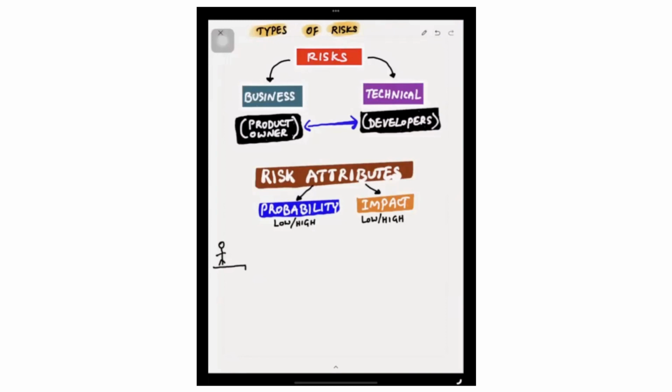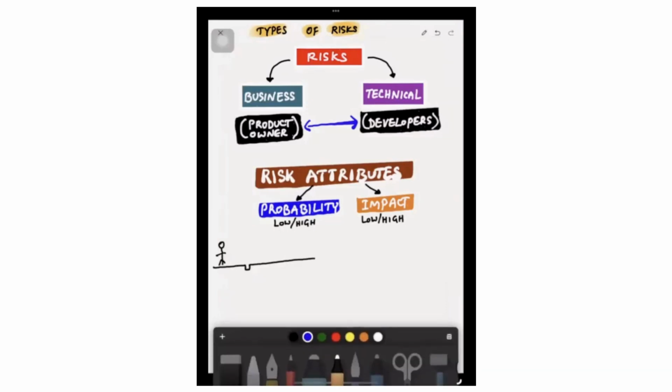There is a small hole on the road. The hole depth is like less than a feet, like maybe 6 to 8 inches. Width also not so much. So for you to fall into the hole, low probability, and even for some reason if you fell into that hole, less impact.